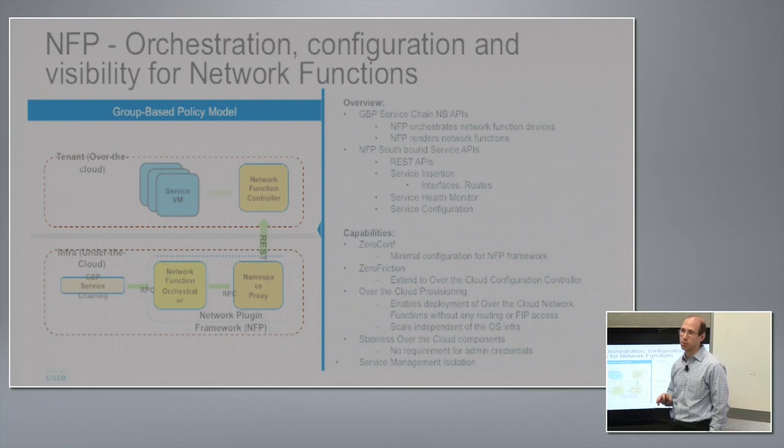Another piece of it that's pretty important and relatively newer is a network plugin framework for orchestrating network services within OpenStack. One of the emerging areas that people often ask for is, how do I chain together VMs that are created by OpenStack if they happen to be network services? They might be load balancers and firewalls, and I want to string them together.